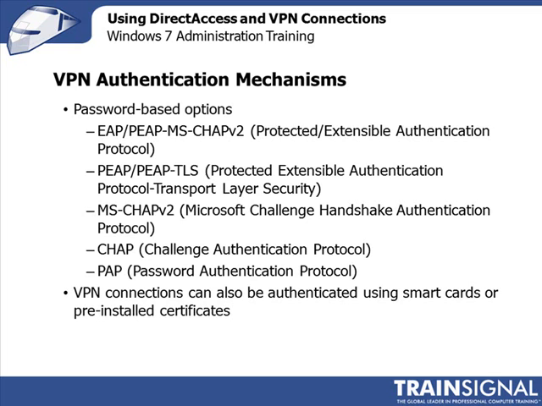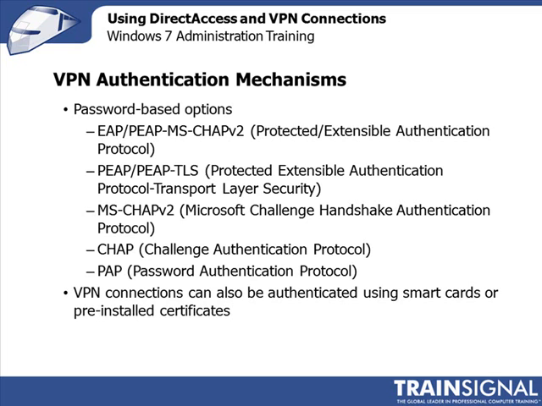Next, you have PEAP-TLS, which is Protected Extensible Authentication Protocol with Transport Layer Security. Next, you have the Microsoft Challenge Handshake Authentication Protocol version 2, followed by the Challenge Handshake Authentication Protocol, and at the end of the pack, we have the Password Authentication Protocol.